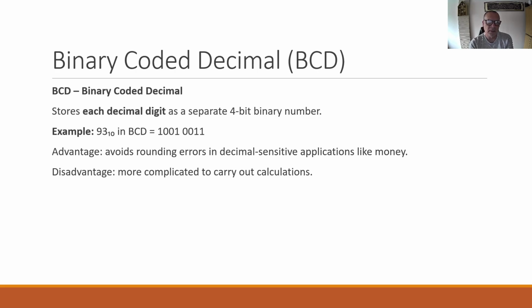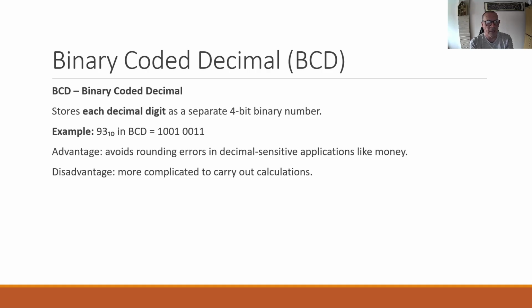Now of course, that does introduce a little bit of wastage in that we only ever have to store up to 9, and we know from our hex work that we could store up to 15 in 4 bits. So it's a little bit wasteful, but there's a very good reason for using this.